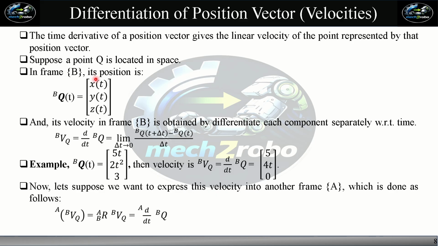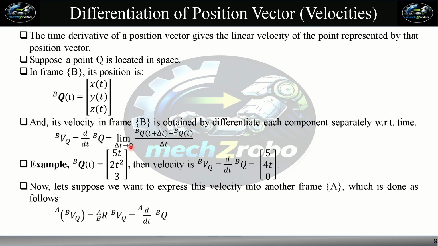Means we differentiate each component of this q vector, which gives us the velocity of the point which is defined by this vector q, and its velocity is represented by capital V. The q represents that it is the velocity of the point defined by vector q, and B represents that it is defined in frame B. We differentiate this q vector with time, and this is the derivative formula, that is the limit as delta t approaches 0.